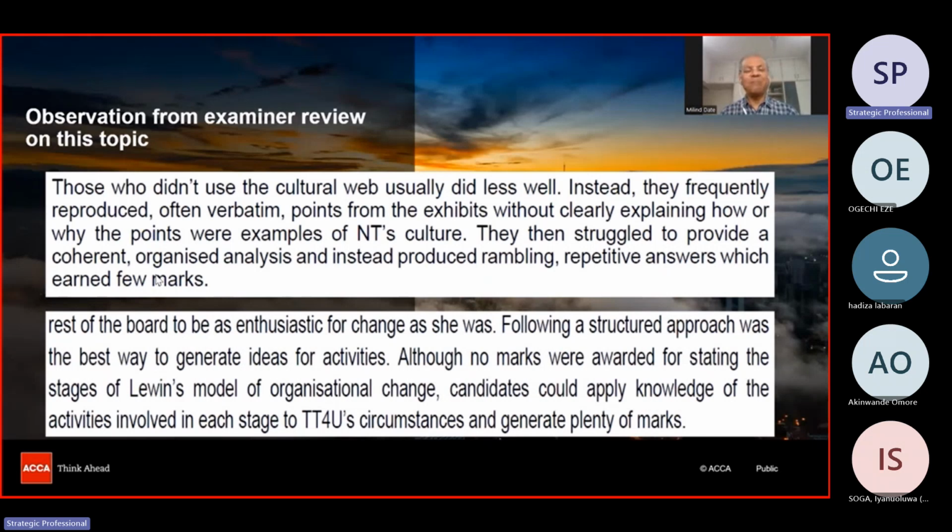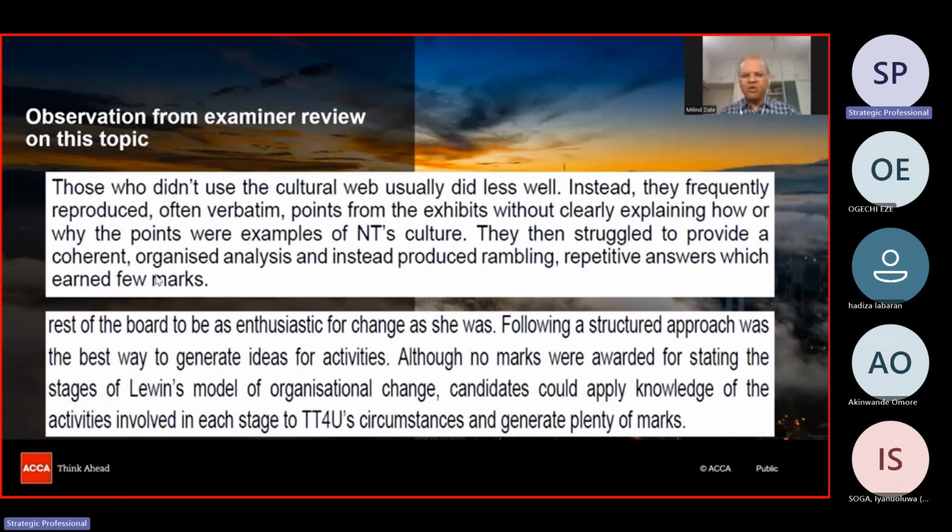Candidates had to apply the knowledge of activities involved in each stage. What needs to be unfrozen? Unfreezing is doing away with existing beliefs which are no longer valid, and then introducing changes. So these are the types of comments that you need to always look at. Never miss reading the examiner's report for any topic.